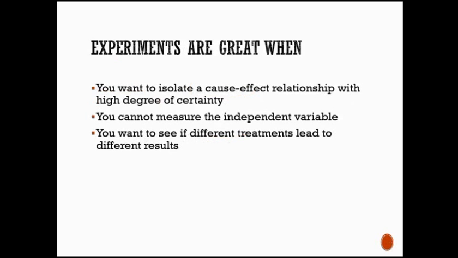Okay, and that's it. That's experiments. So it's very good when you want to isolate a cause and effect relationship instead of just measuring whether one correlates or not with the other, right? If you have an independent variable that you think might be better if it's not measured and it's changed instead, and if you want to see whether those different treatments lead to different results.